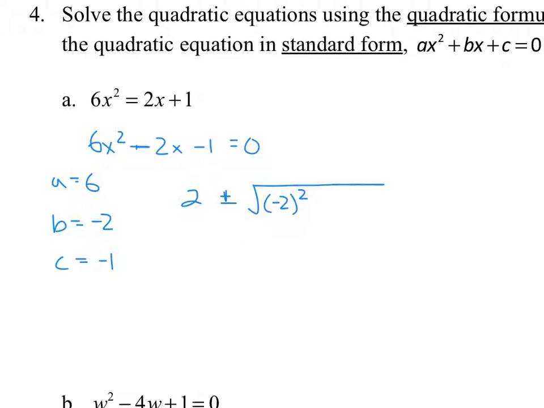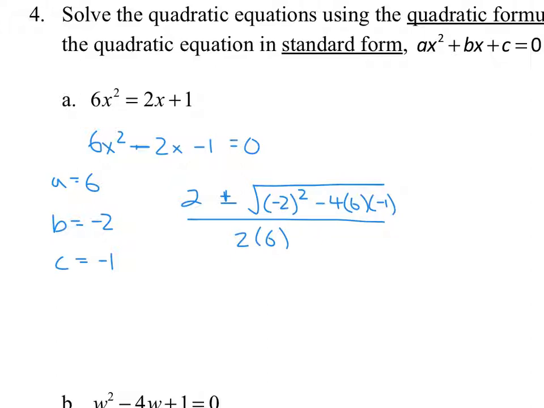And notice I put parentheses around that negative 2 before I squared it, because I need to be careful. If I don't do that, I might accidentally get a negative 4 when it should be positive 4. And then minus 4 times a, which is 6, times c, which is negative 1, all over 2a. Oops, that should be 2 times 6.